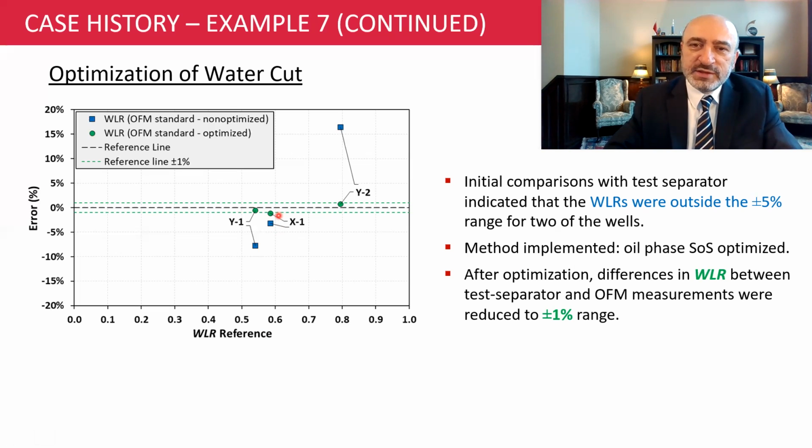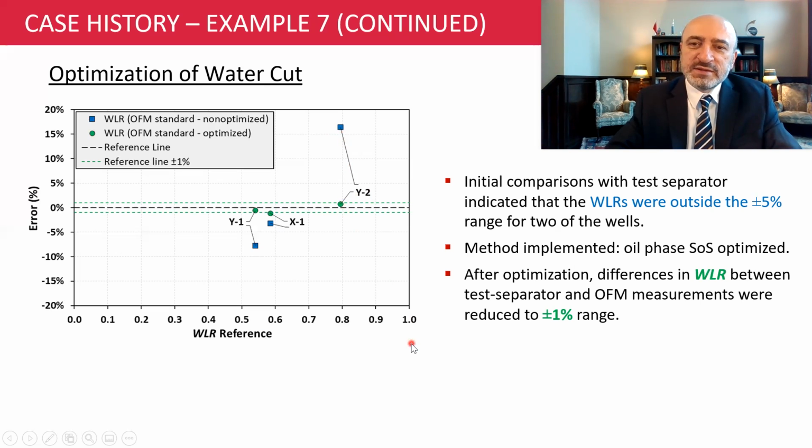But the most dramatic improvement was for well Y2. Before the optimization, the error was around 16, perhaps 17%. And after the optimization, it was brought down to within ±1%.